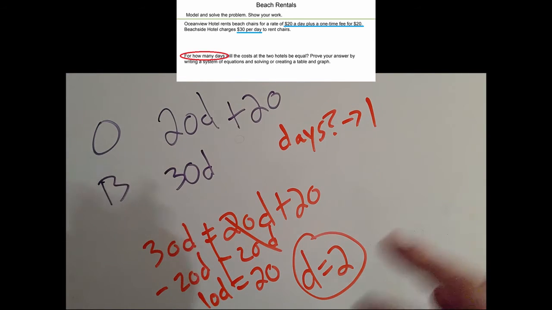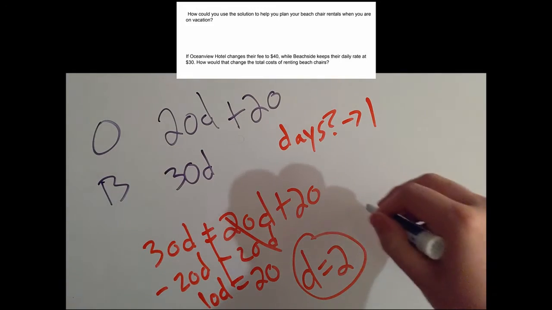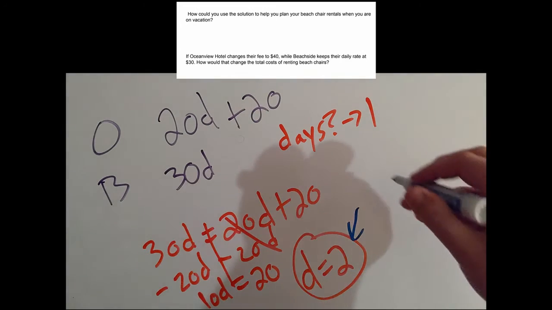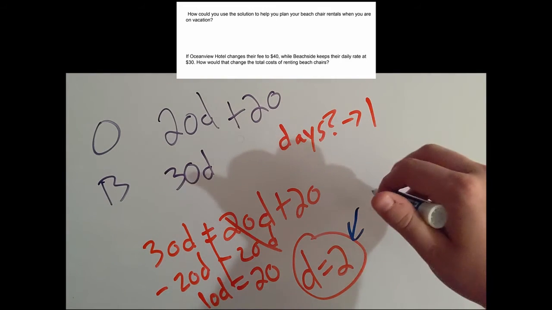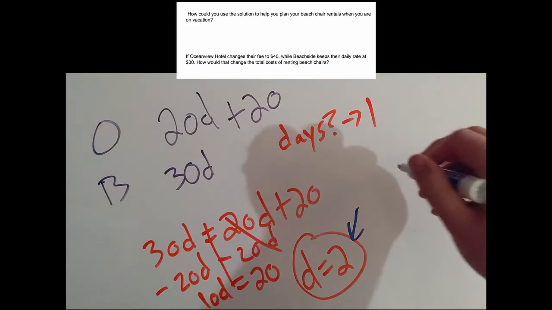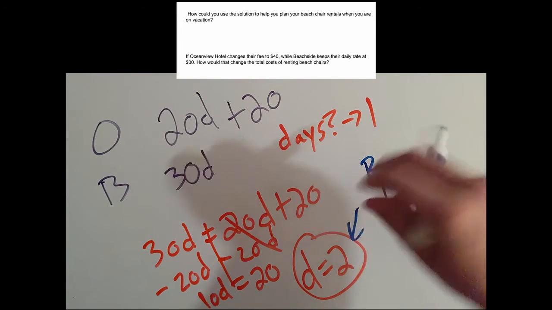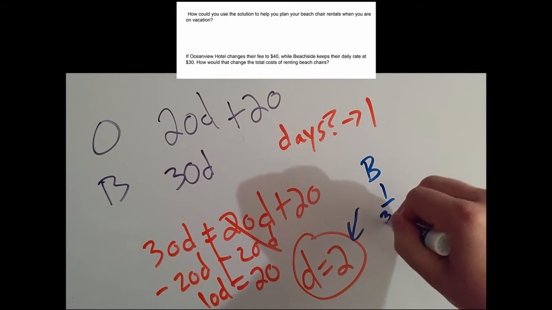That kind of gets to the next question, where it says, how could you use this solution to plan your beach chair rentals? We know that on day 2, they're the same. If we think about it, for Beachside, day 1, if we plugged a 1 in, would be 30.